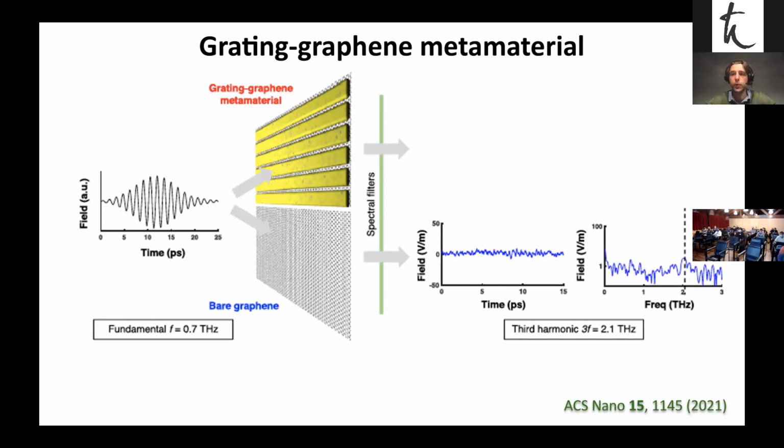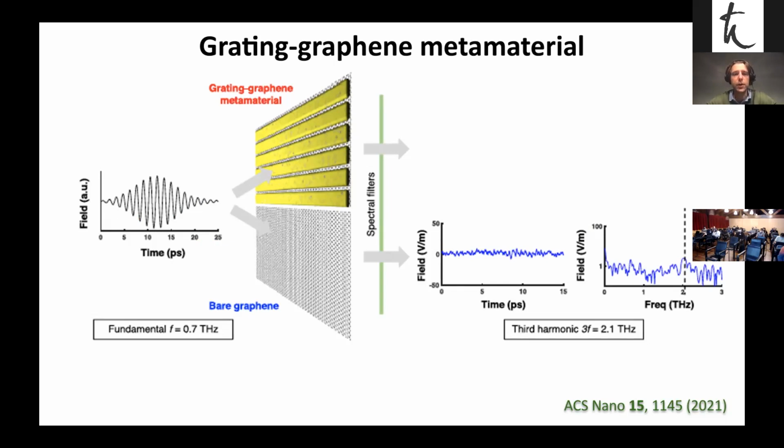So one way to improve this is, of course, to use many layers, but then you need to isolate those layers, and you can use a much more clever trick, which is using photonics. So with photonics, you can actually get field enhancement and therefore have stronger interaction between your incident light and the material. And then because what you're looking at is a nonlinear effect, it's enhanced in a nonlinear fashion. So I will show you how this works.